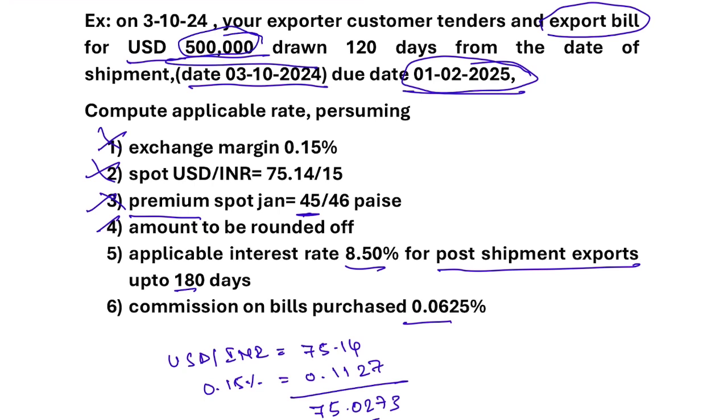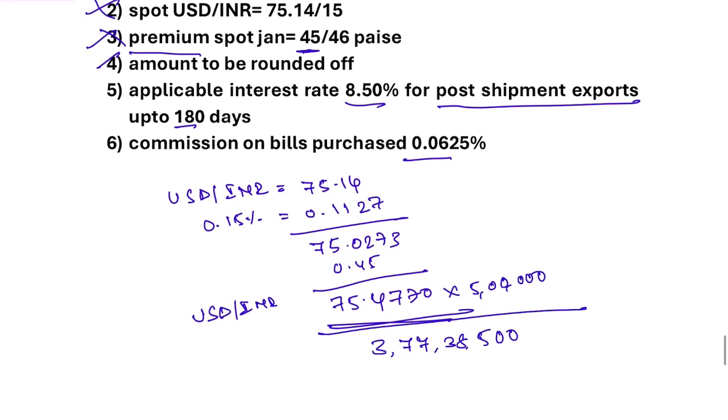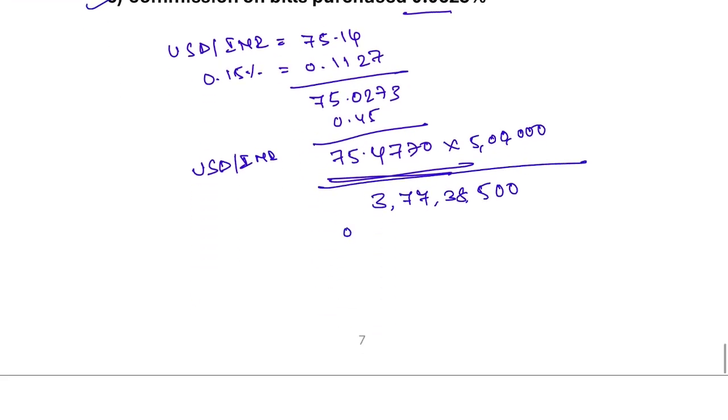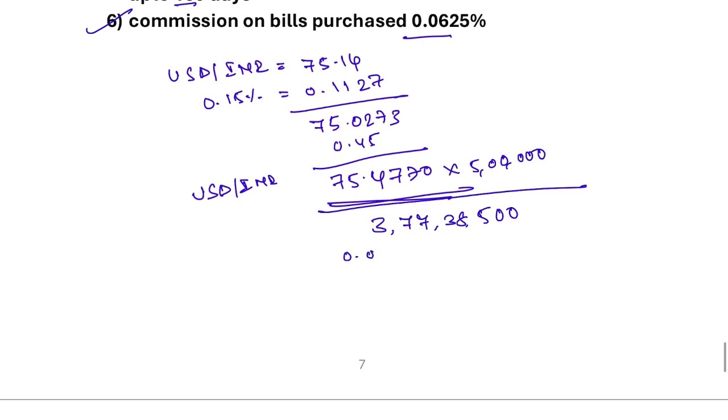And also the commission already 0.0625 percentage. Whenever we are going to give bill of exchange, we need to take some commission, right? That we should deduct it. So first we deduct the commission. That is easy, simple. So 0.0625 percentage of what? 3,77,38,500.